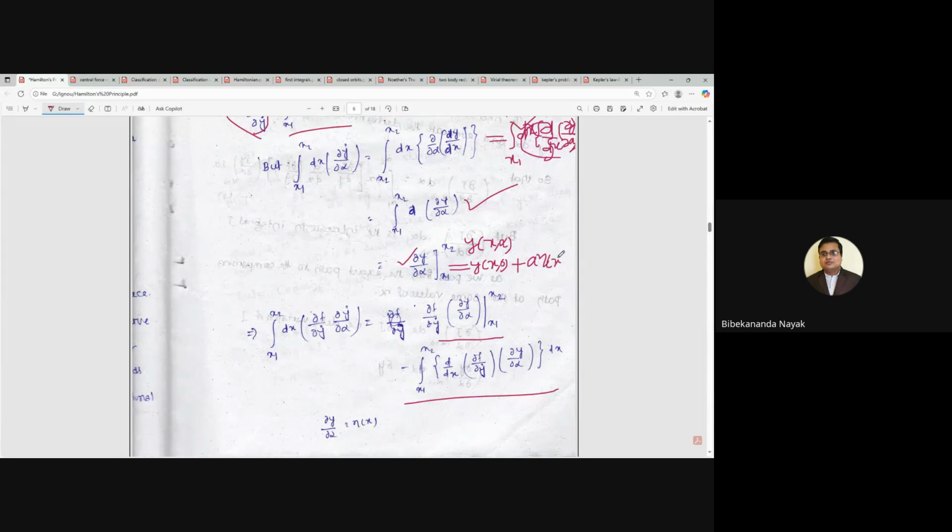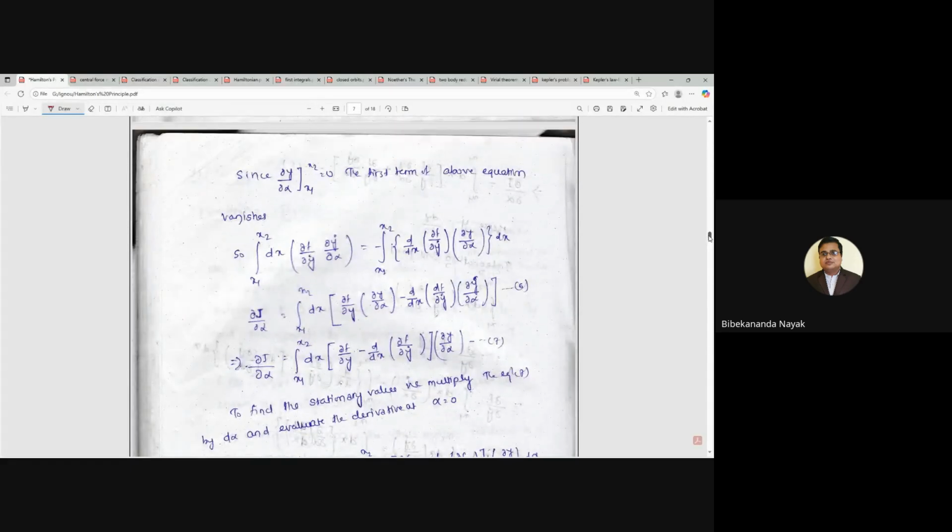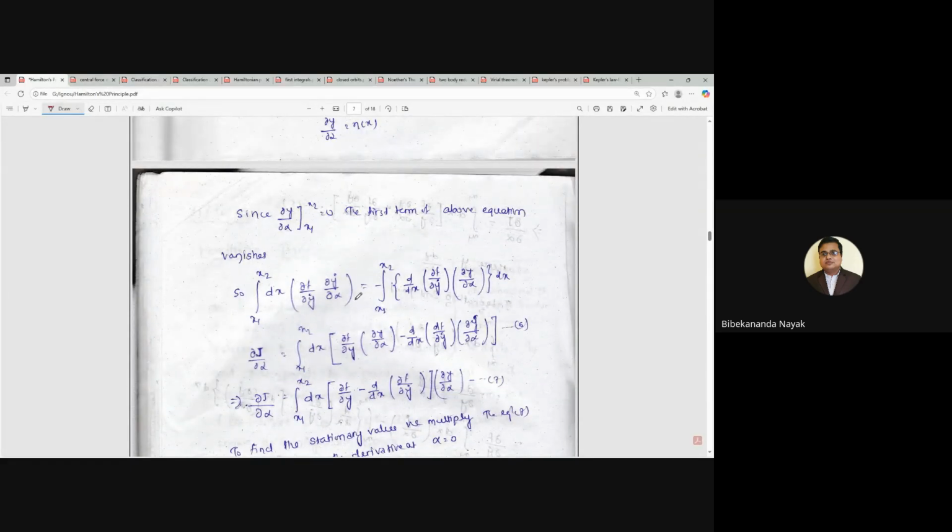At the endpoints, eta x is 0, which means this term vanishes. So at the endpoints, del y by del alpha is equal to 0. So this term vanishes and only this minus term remains. Putting that, I got my final expression for del J by del alpha.